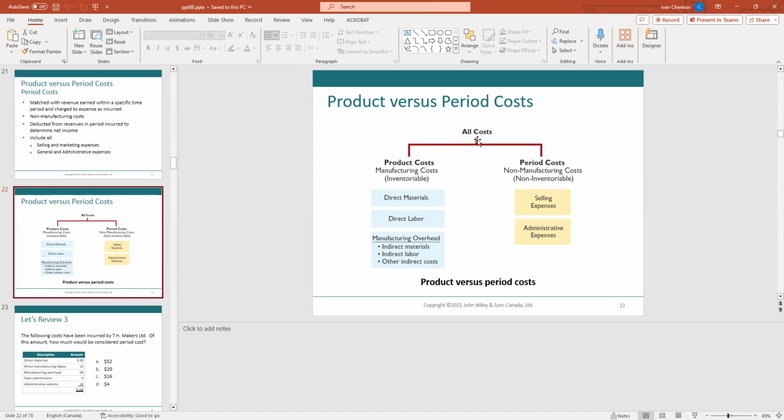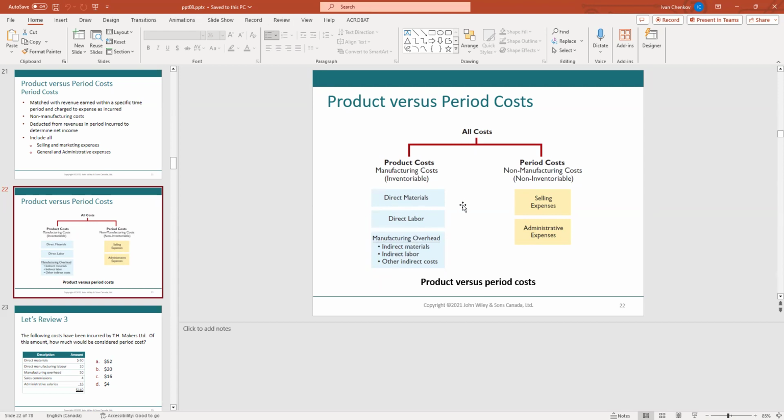So again, from all the costs that we have in the company, we're going to split them into two: product cost and period cost. Product cost is going to go to the inventory. It's going to be related to the cost of our finished goods: direct material, direct labor, manufacturing overhead. It's going to stay in our inventory as long as we have the product.